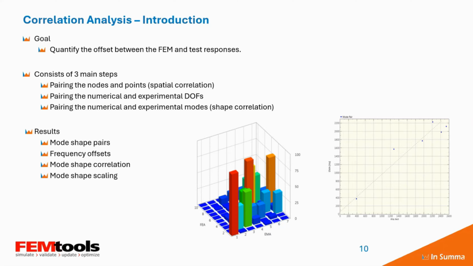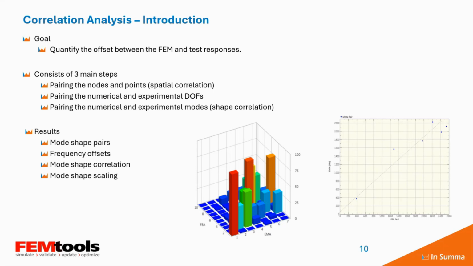We start by first pairing the nodes and the points, also known as spatial correlation. And then from there, we also pair the numerical and experimental degrees of freedom, or the FE and the test degrees of freedom. And then we can also pair the numerical and experimental modes, also known as the shape correlation.